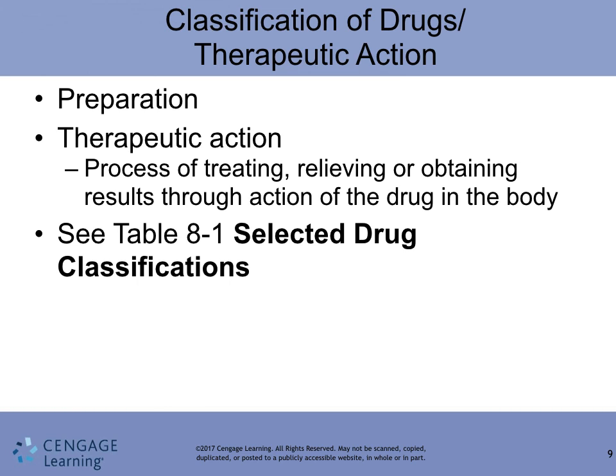So you may have an analgesic that can be in a liquid form, a solid form, a topical form. There may be different preparations, but they all have the same therapeutic action, meaning how they treat or relieve pain, treat problems, that sort of thing.